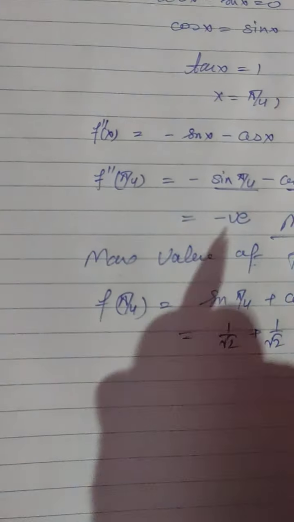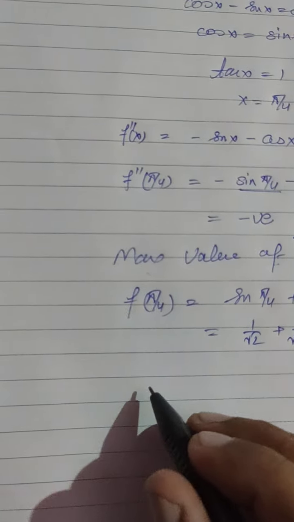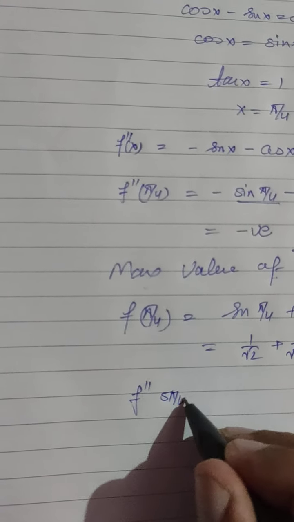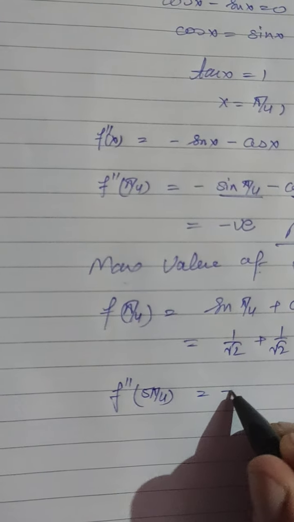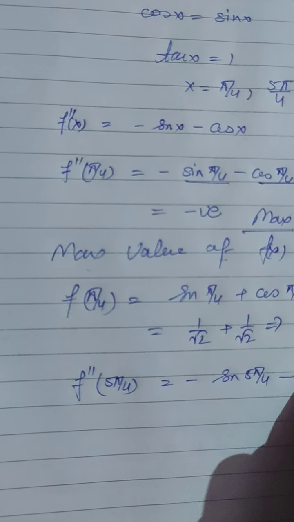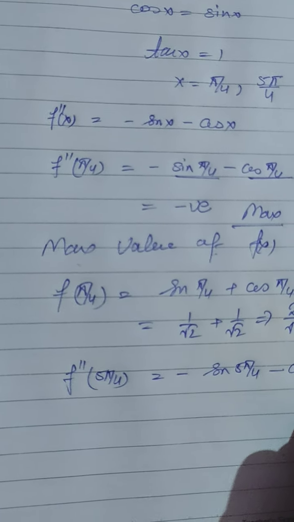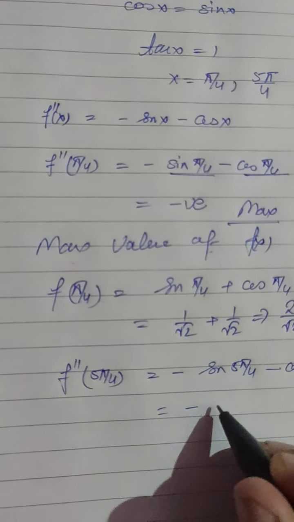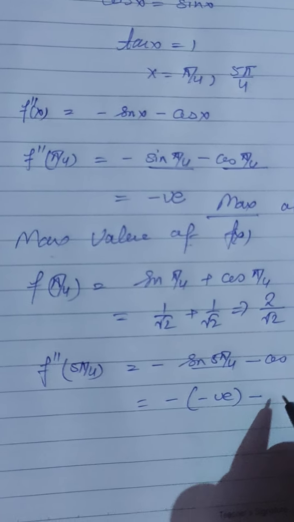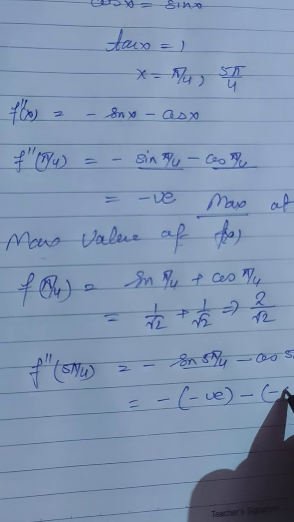So for minimum value, now we are going to put 5 pi by 4. So f''(5 pi by 4) will give us minus sin 5 pi by 4 minus cos 5 pi by 4. Just try to understand the minus. In the third quadrant, sin is negative, and cos is also negative in the third quadrant.